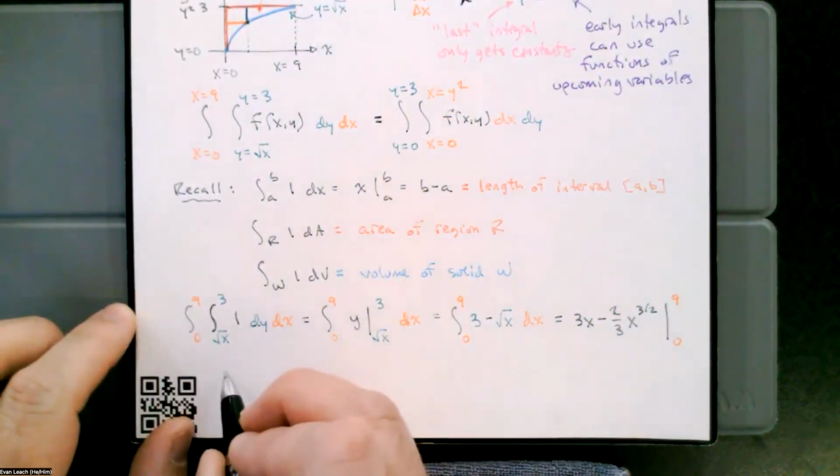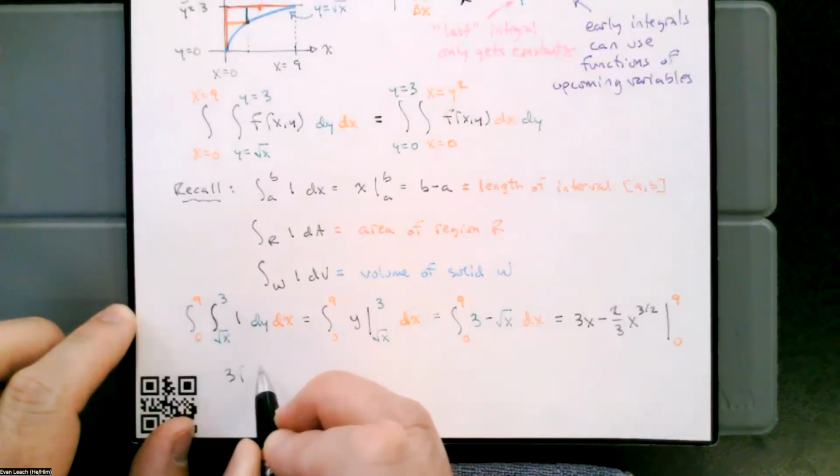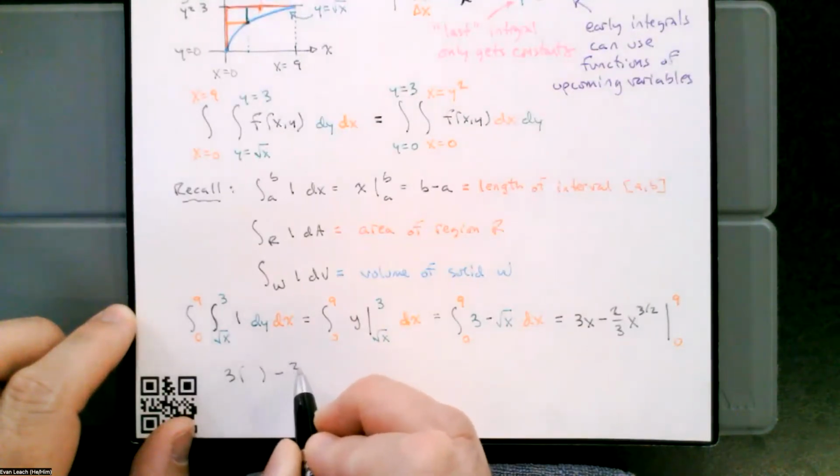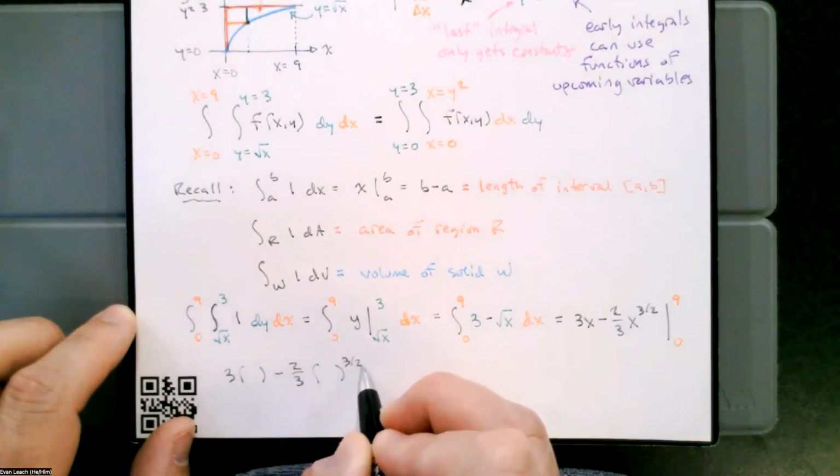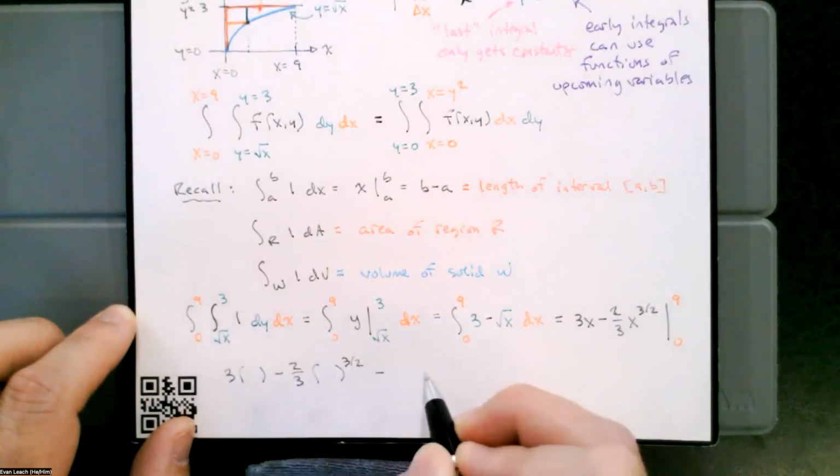So we'll have 3 times 9 minus 2/3 of 9 to the 3/2, minus, well, it's going to be 0.